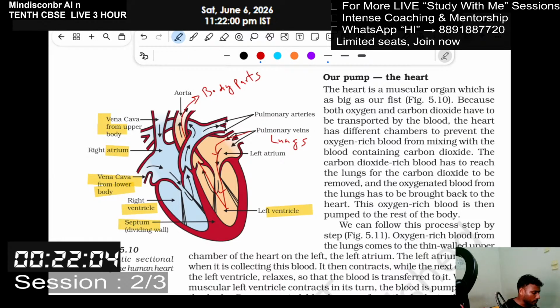And from different body parts, now we are going to trace the flow of deoxygenated blood. Deoxygenated blood is represented by this violet color.